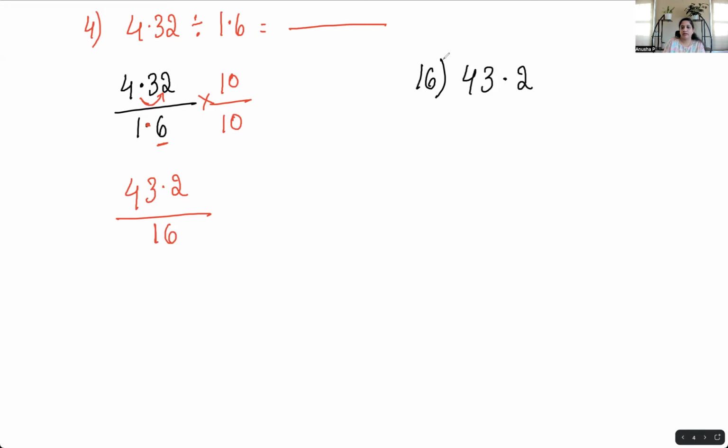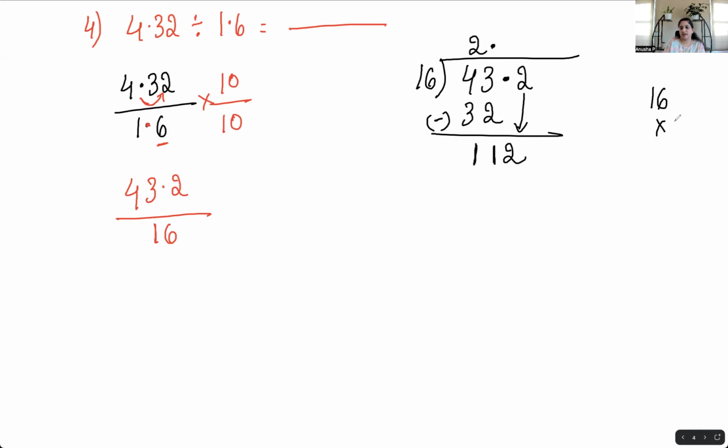So 16 here and 43.2 here. Now 16 times 2 is 32. So 3 minus 2 is 1 and 4 minus 3 is 1. Because of the decimal point here, we will put a decimal point and then we will bring the 2 down. So 16 times, let's check 7. 7 times 6 is 42, 4.